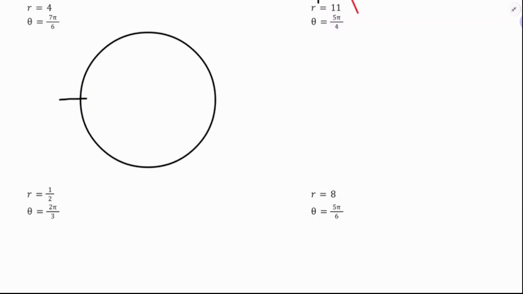Alright, next we got r equals 4, theta equals 7 pi over 6. Alright, so 7 pi over 6, that's a little beyond pi. It's a little bigger than 6 pi over 6. It's bigger by pi over 6, which is 30 degrees. So here, trying in the rest of the triangle.